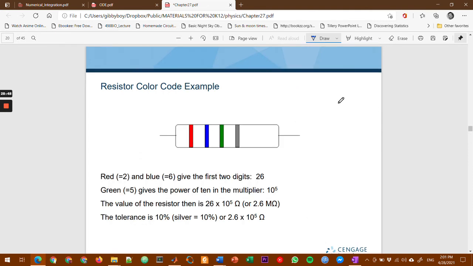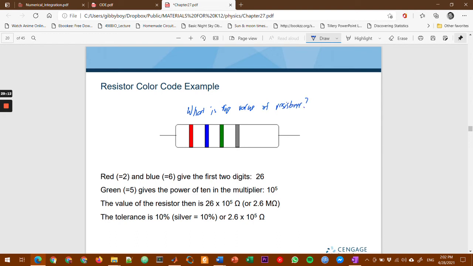So example, you have this resistor, ang iyang band coloring niya kay have your red, blue, green, and silver. Okay. So say value ani nga resistance. So what is the value of resistance?